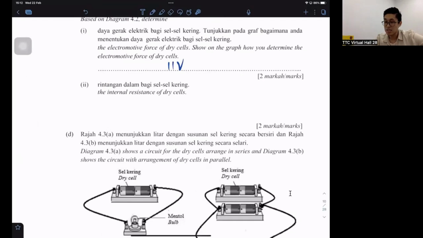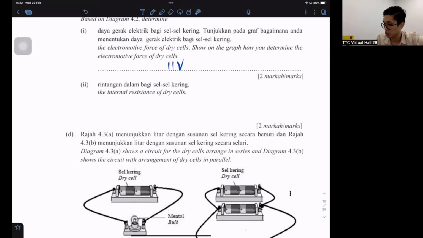And then what is the internal resistance? So the internal resistance here, negative internal resistance, this small r, is equals to the m. Let me calculate the m first, right? So the m is the gradient: y2 minus y1 over x2 minus x1.